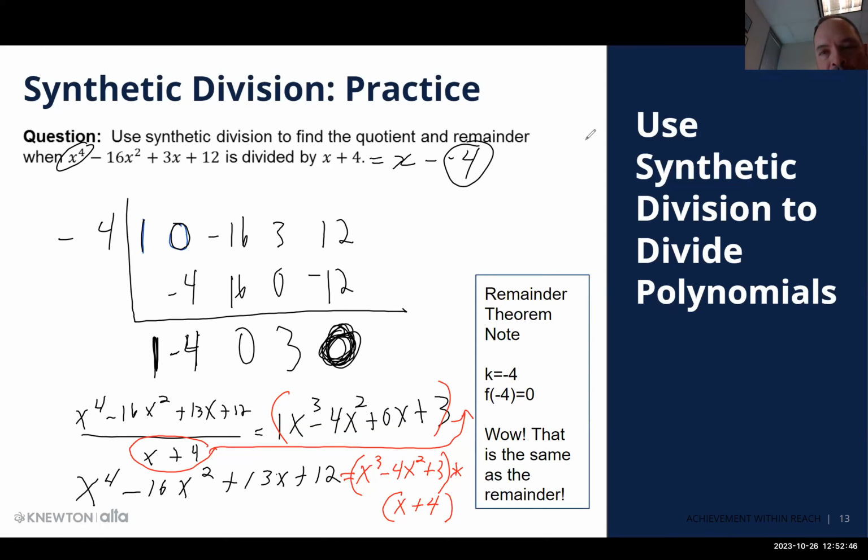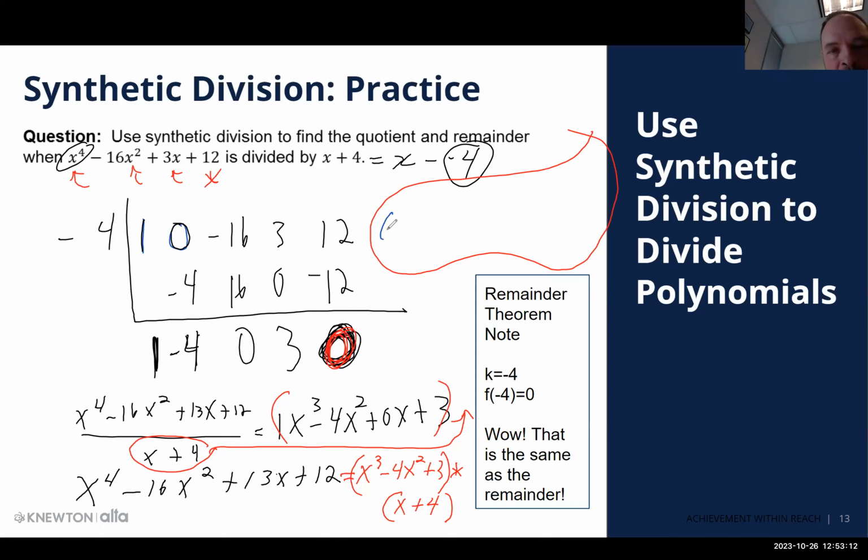Another quick result that I highlighted in a previous video is that if I plug in a negative 4 in here, oops, there's nowhere to plug it in there, right? You're going to find out that I get a 0. So let me see if I can do that real quick here. Let's switch the colors. Let's do blue.